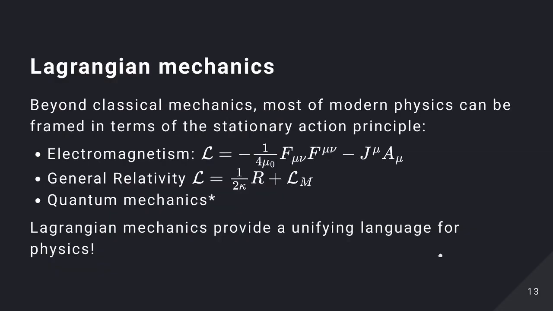I mentioned before that this was really the secret sauce behind physics, and I really meant it, because beyond classical mechanics, most of modern physics you can frame in terms of the stationary action principle. For example, I have here a not very nondescript Lagrangian for electromagnetism. So electromagnetism you can derive in terms of Lagrangian mechanics. General relativity, same thing.